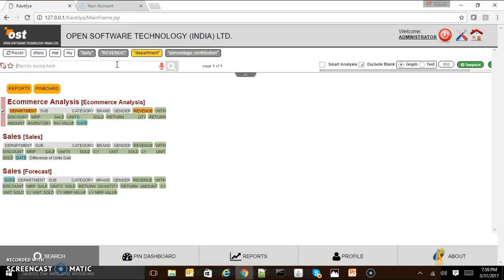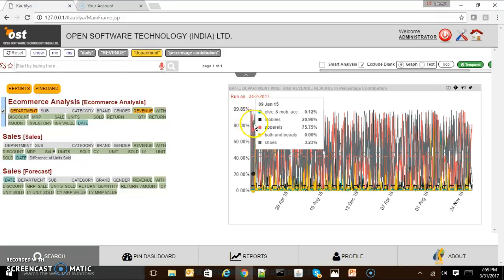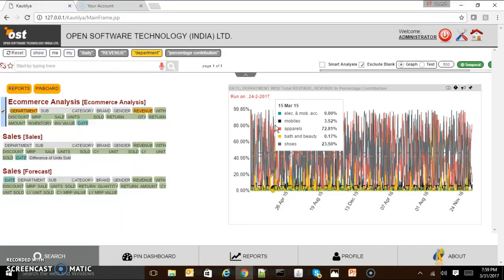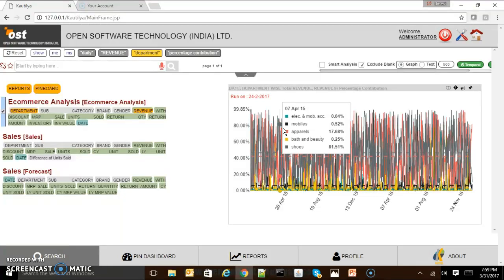So now on the fly, it calculates the information, and now it tells me that on each day, how much is my percentage contribution for different divisions. So this particular day on 18th April, I'm actually doing 92.69% of my revenue coming in only from apparels.